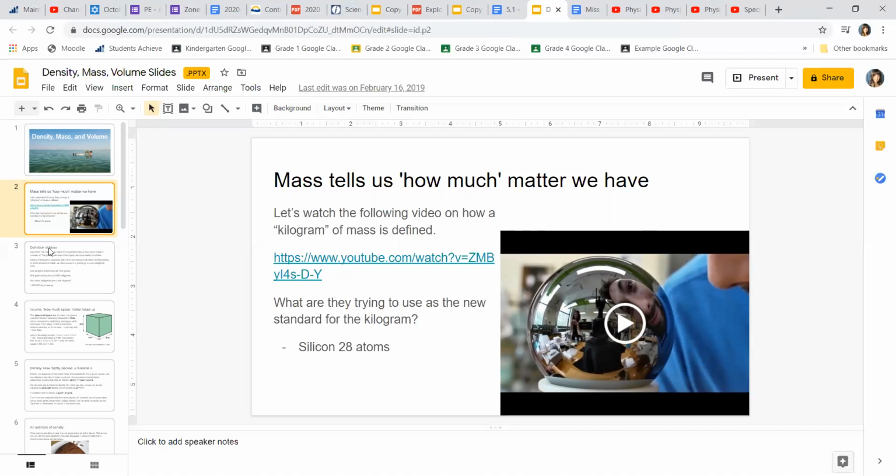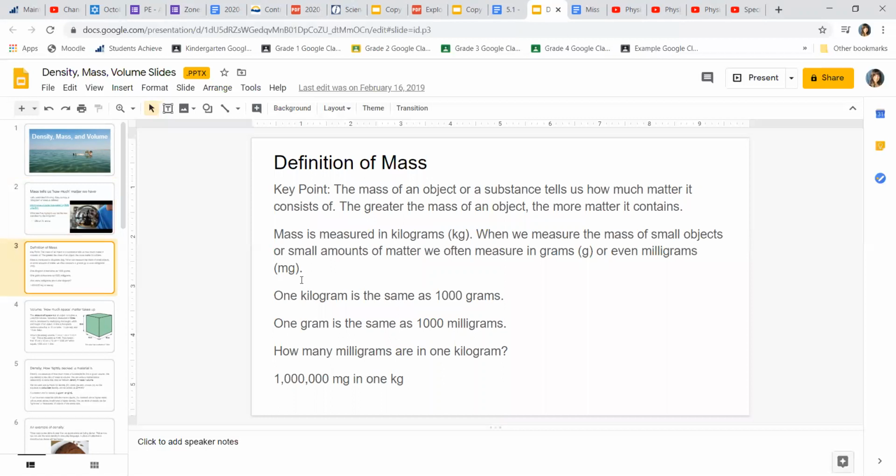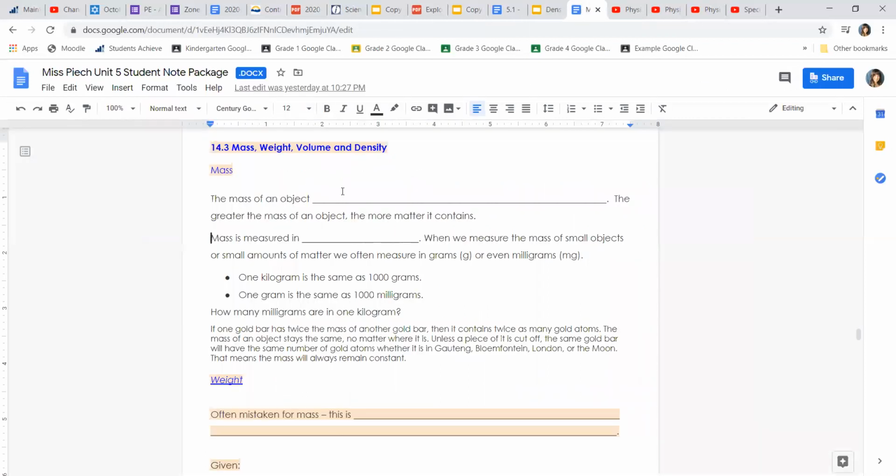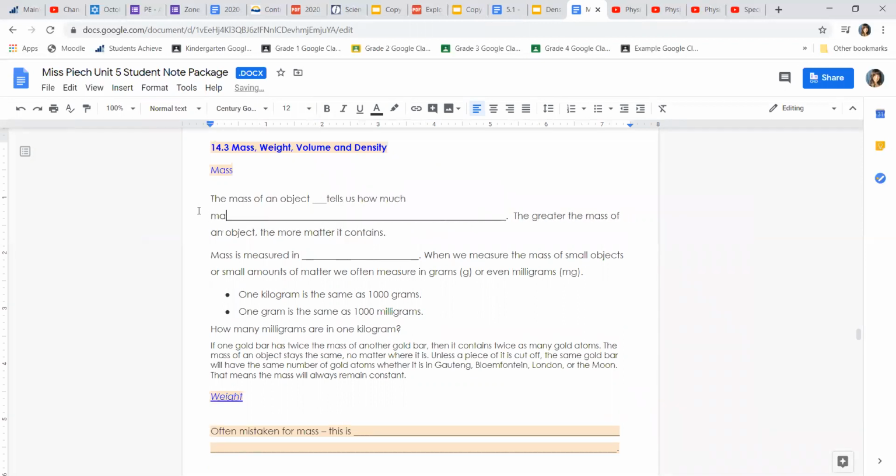And then let's go on, moving on here. So, definition of mass. The mass of an object or substance tells us how much matter it consists of. The greater the mass of an object, the more matter it contains. So looking here, we now know that the mass of an object tells us how much matter it consists of.